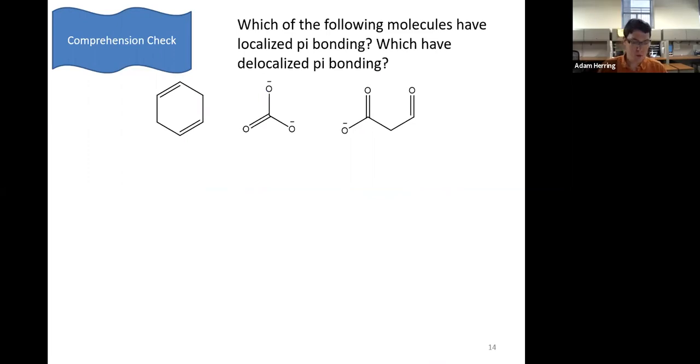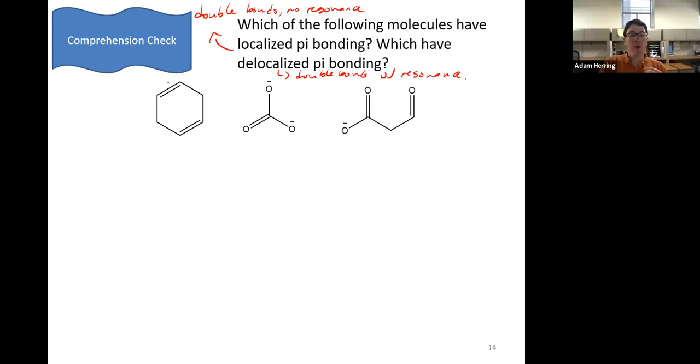Welcome back. So, in order to have localized pi bonding, we're looking for double bonds without resonance. For delocalized pi bonding, we're looking for double bonds with resonance.